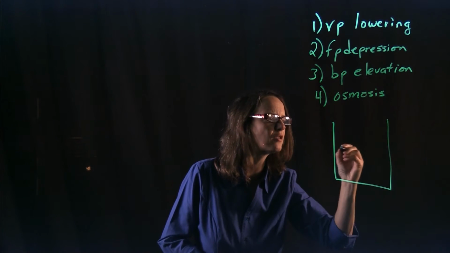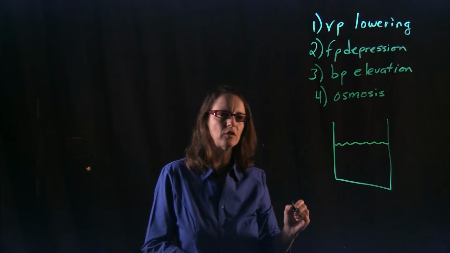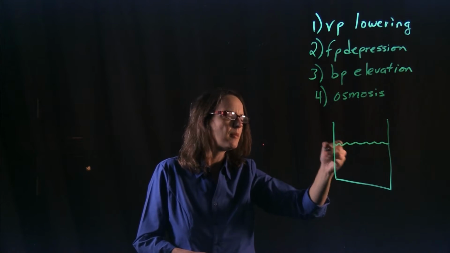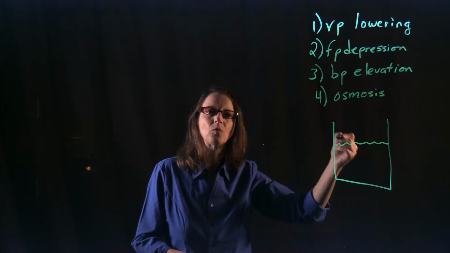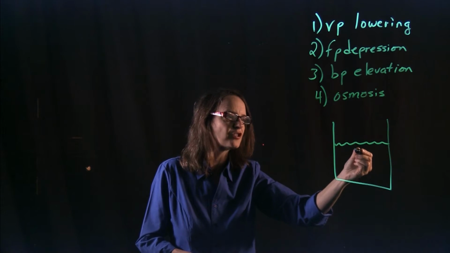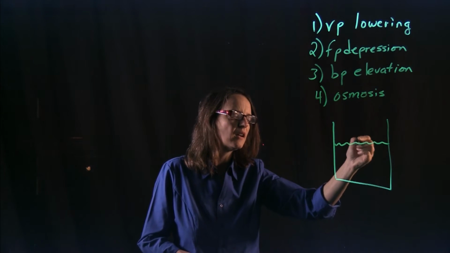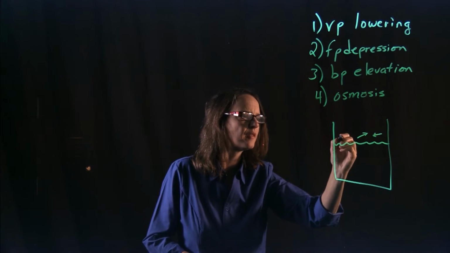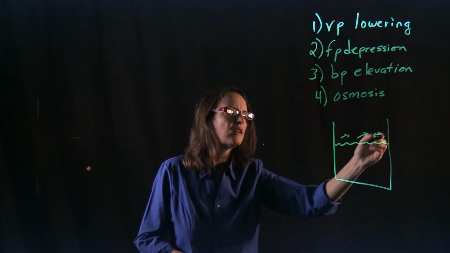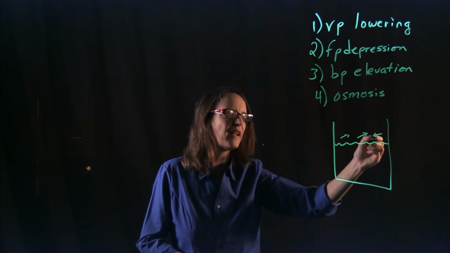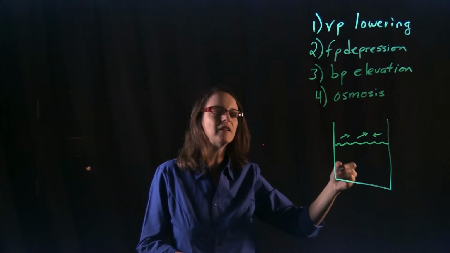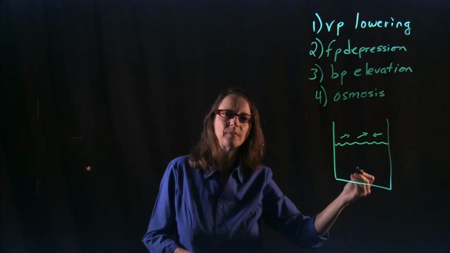If you have a solution in a beaker, you know that some of the molecules on the surface of the solution will have enough energy to escape the surface of the liquid and go into the gas phase. It is this pressure of the gas phase against the surface of the liquid and against the atmosphere that is the vapor pressure.